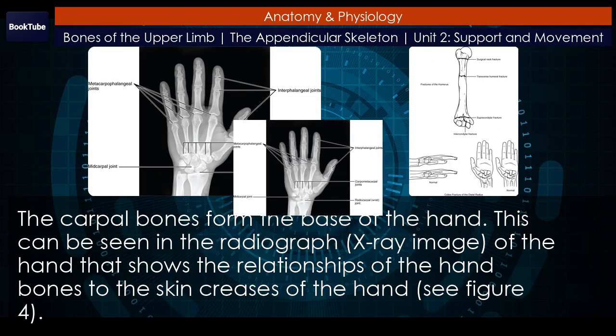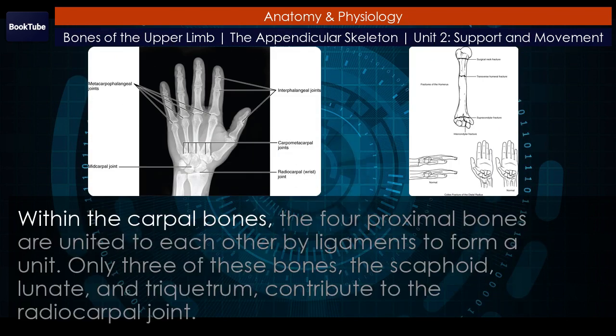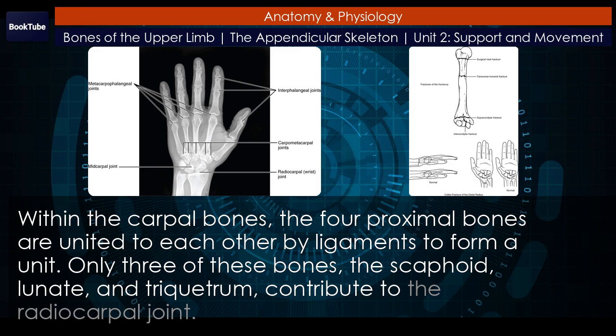See Figure 4. Within the carpal bones, the 4 proximal bones are united to each other by ligaments to form a unit. Only 3 of these bones, the scaphoid, lunate, and triquetrum, contribute to the radiocarpal joint.